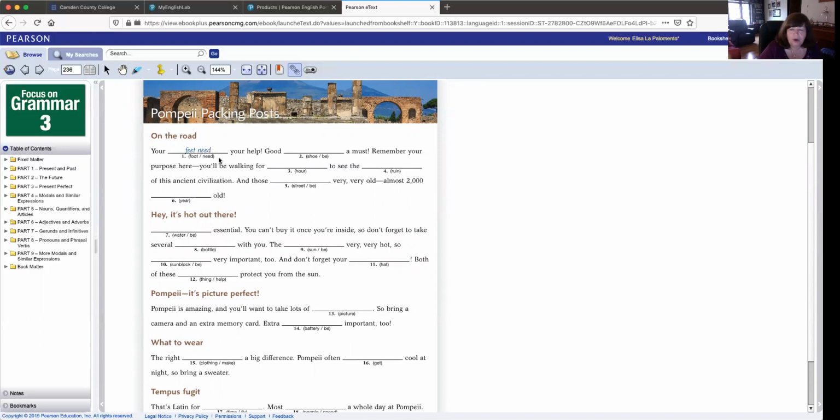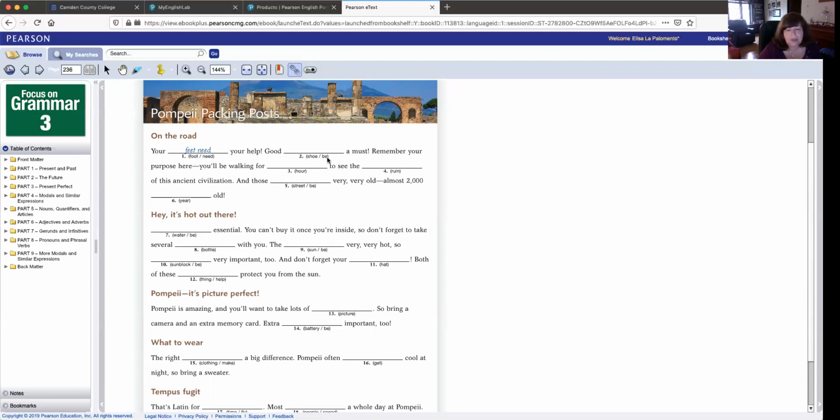So they're talking about both of them. So it's your feet need. There's no S on need because this is not third person singular, right? Remember, with third person singular, he, she, it, you're going to have an S at the end, but this is not third person singular.